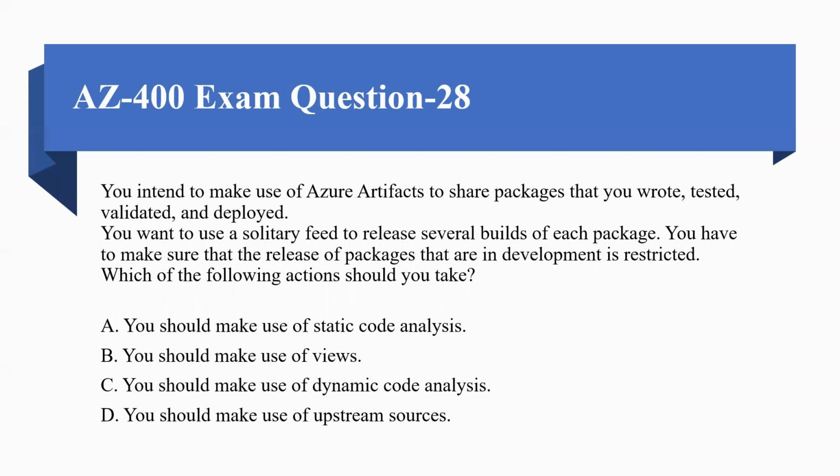Which of the following actions should you take? Option A, you should make use of static code analysis. Option B, you should make use of views. Option C, you should make use of dynamic code analysis. Option D, you should make use of upstream sources. And the correct option is option D, you should make use of upstream sources.